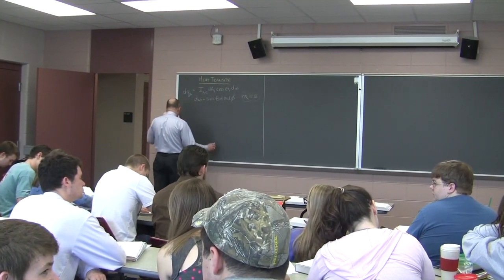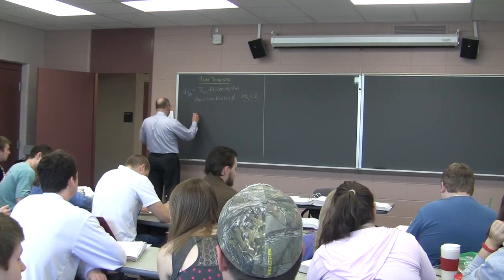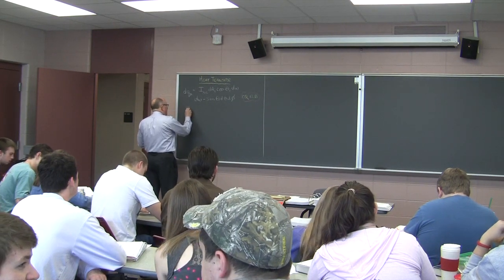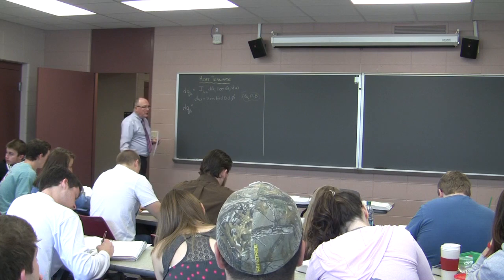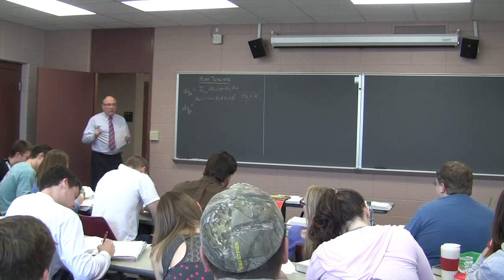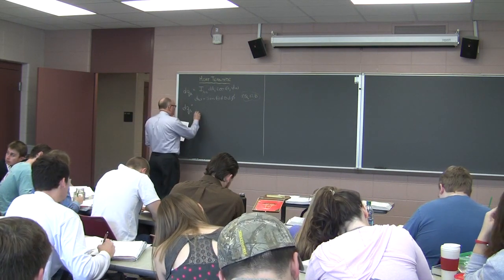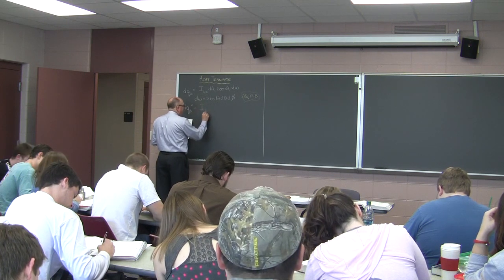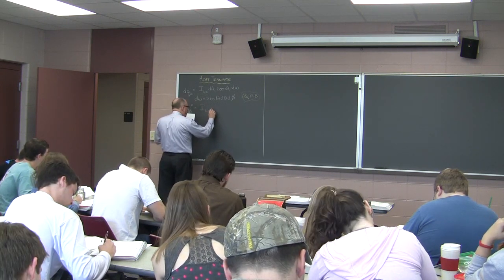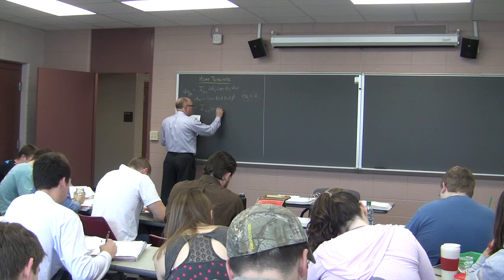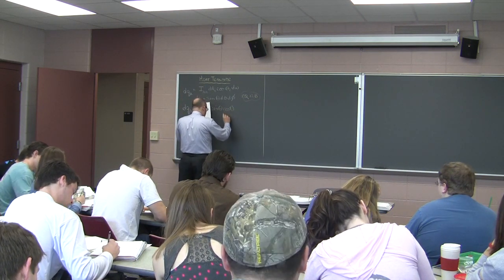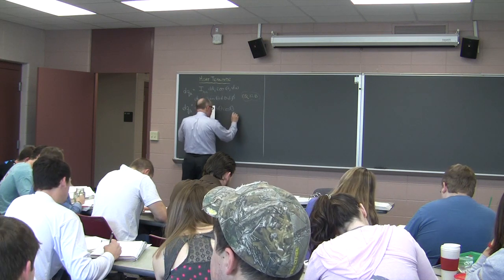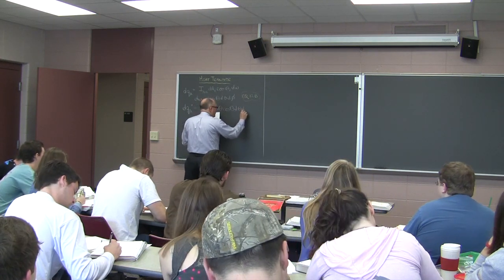If we divide out the area of the emitter, the spectral flux is then equal to the spectral intensity times the sine of theta times the cosine of theta times d theta d phi.